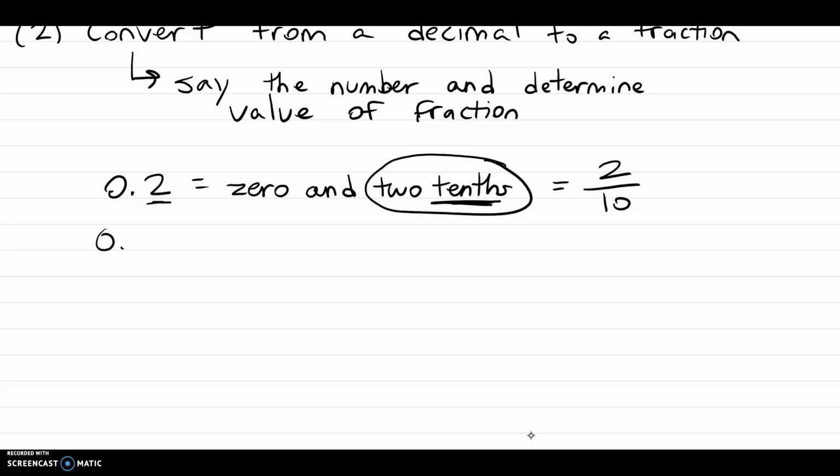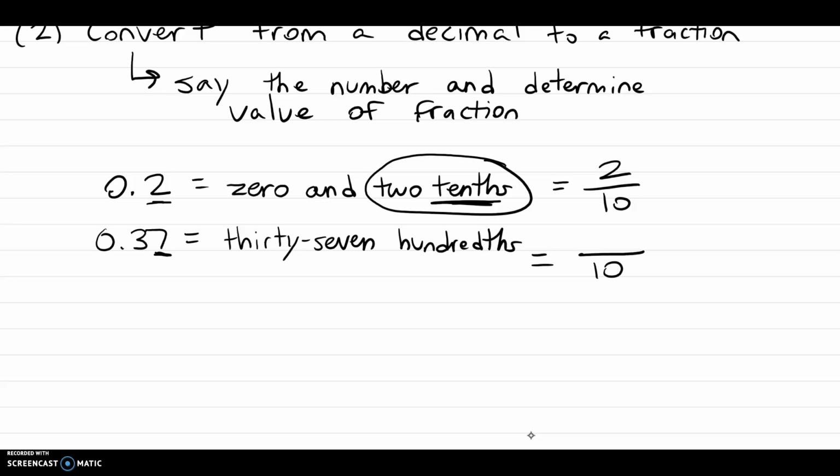How about this one? Here we have 37 hundredths. So again, the place value is determining the denominator. So it's hundredths, and then the numerator is just the number on top. Let's try another one.